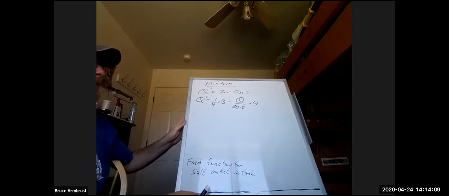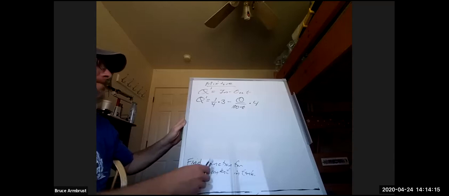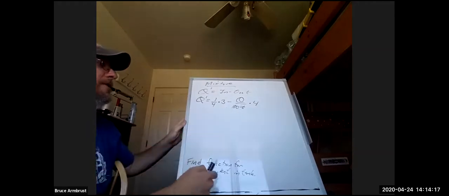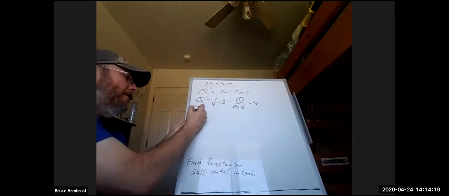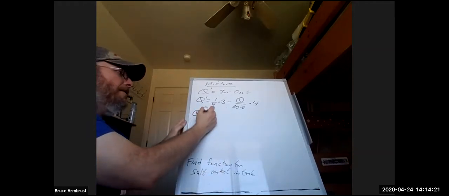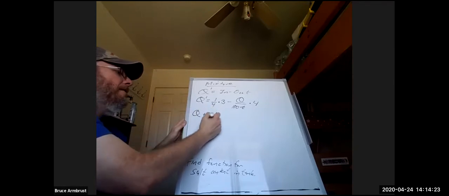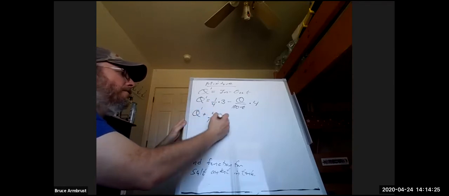All right, so this is a little bit different, because the last time we did it, we didn't have any functions of t, so it was just constant coefficients. However, this thing is still a linear first order.